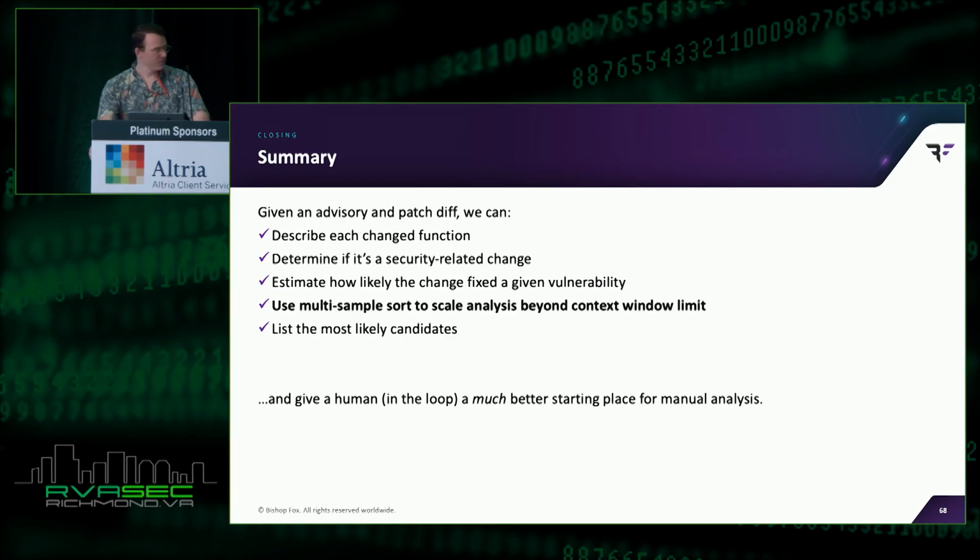And I don't think we're making any wild claims here, claiming that we can go from zero to hero and do fully automated vuln research. But if we're making the reasonable claim that a large language model can give a human researcher a much better starting place in their manual analysis with a lot more context, then that's an argument that I can make with a straight face.